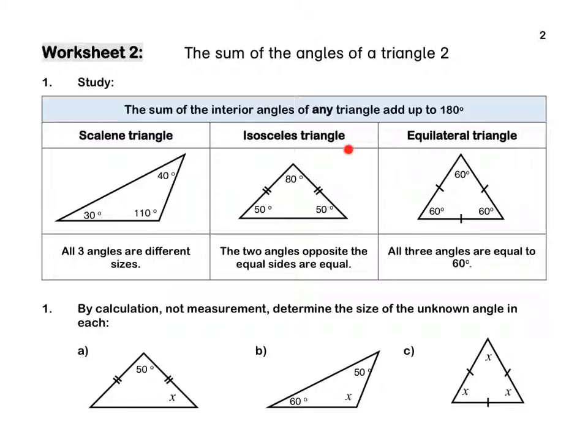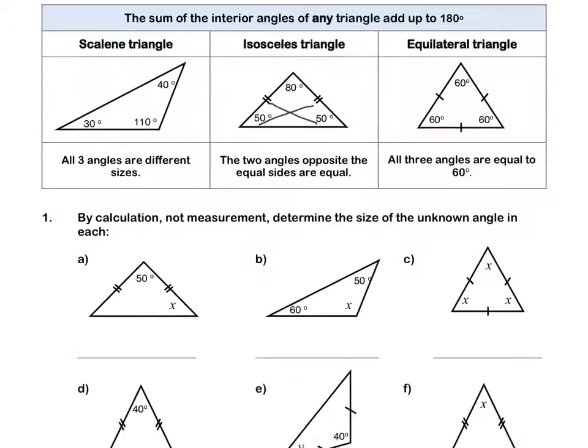For this isosceles triangle, the two angles opposite the equal sides are equal. We have these two equal sides, and the two angles which are opposite the equal sides are equal. In this case, they are both 50 degrees. For an equilateral triangle, we know that all three angles are equal to 60 degrees.